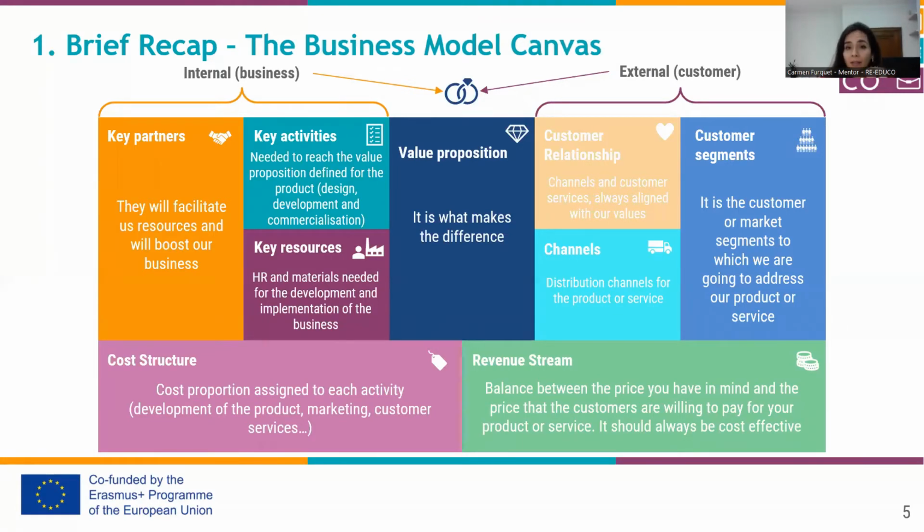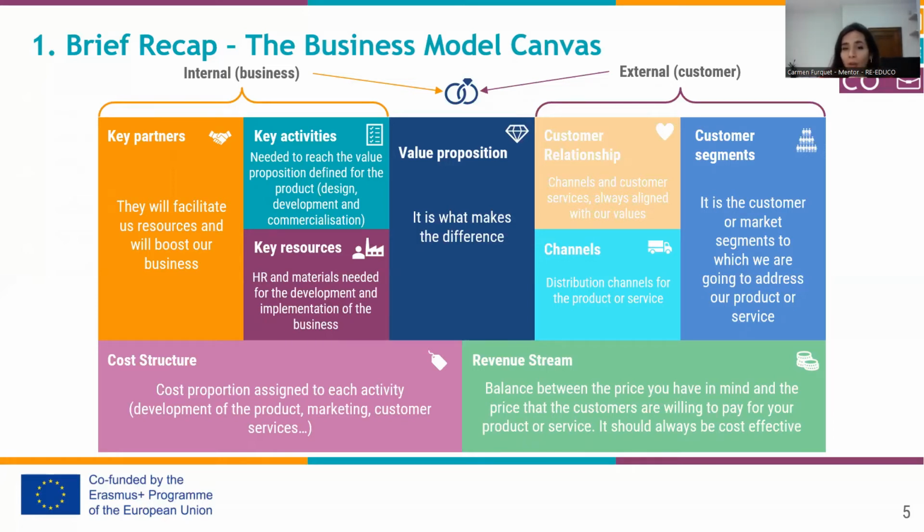The customer includes, on one hand, the customer relationship together with the different customer segments, that is, which is going to be the objective, the target of my solution, and how I am going to develop the relationship with this target, and the channels that will be the tools that we'll use in order to develop these relationships.